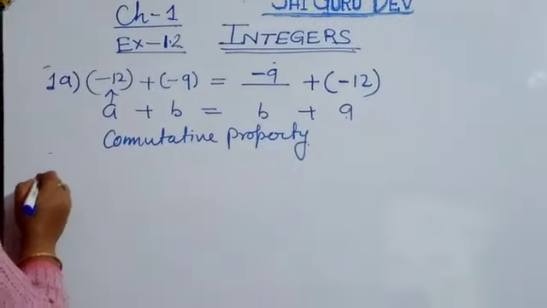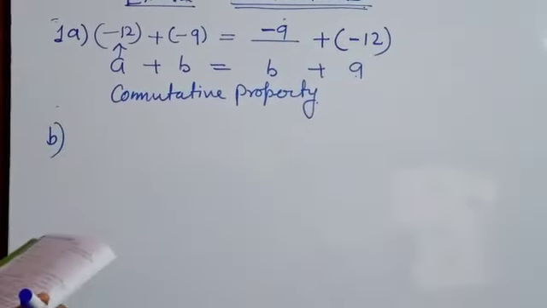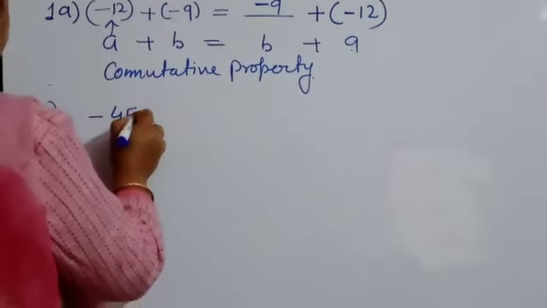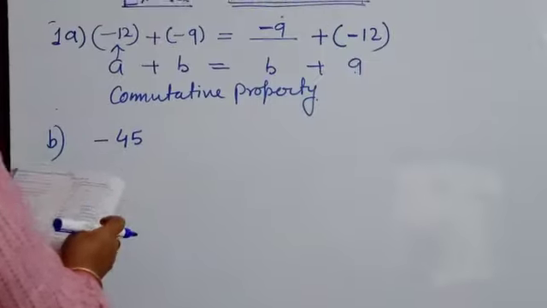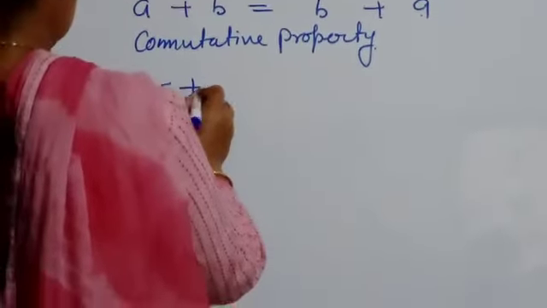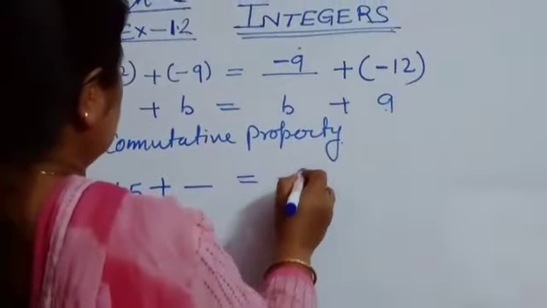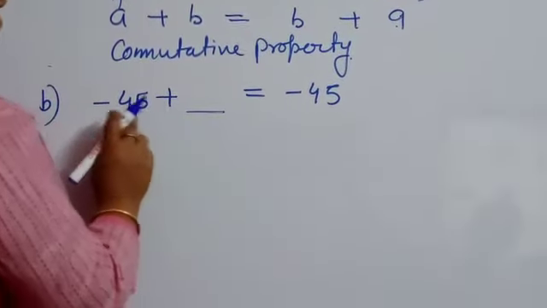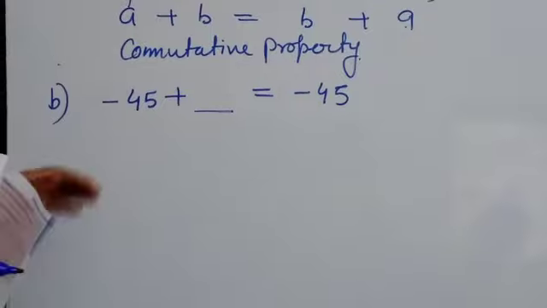See that now. B part: minus 45 plus dash is equal to minus 45. Which number, when added to any number, gives the same result?